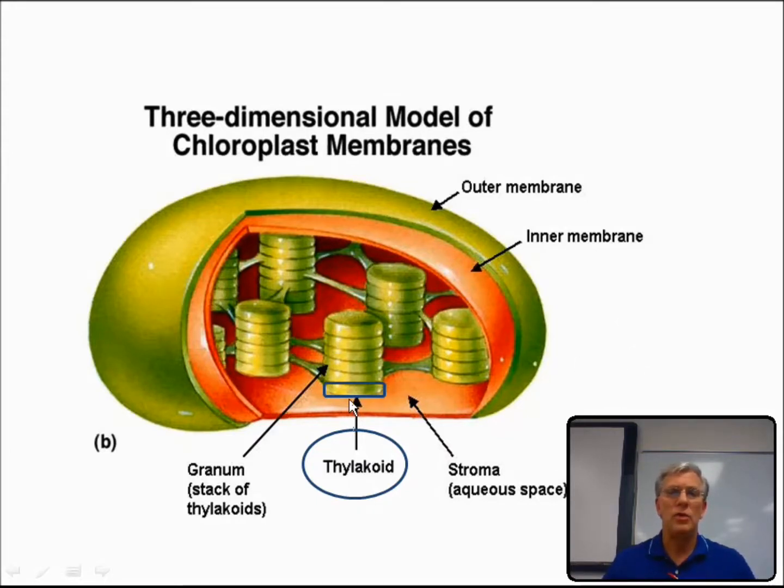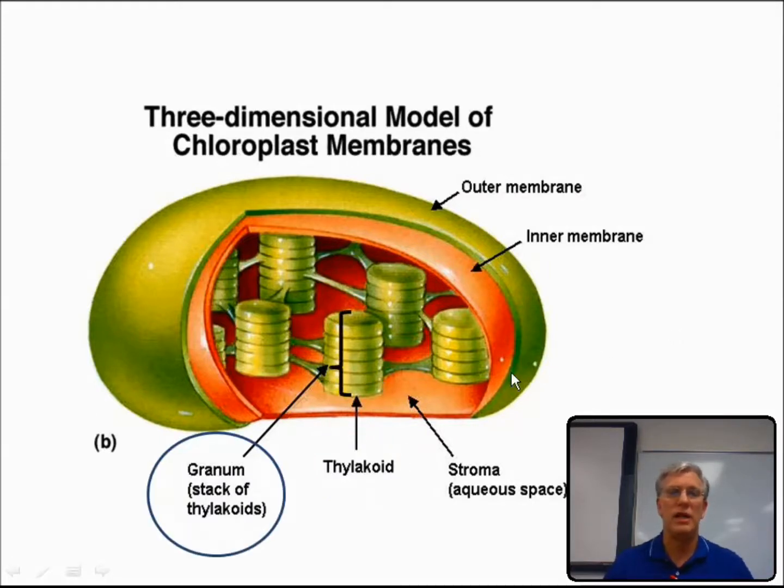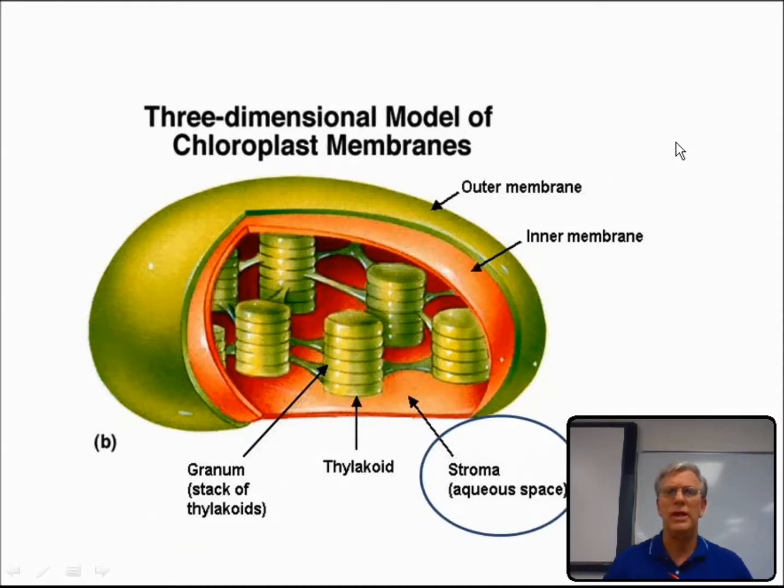And these thylakoids will arrange themselves in stacks, and those stacks of thylakoids are called a granum. A granum is a stack of thylakoids. And inside the chloroplast surrounding these thylakoids is a fluid, and that's called the stroma.